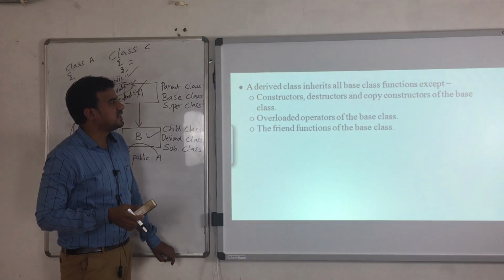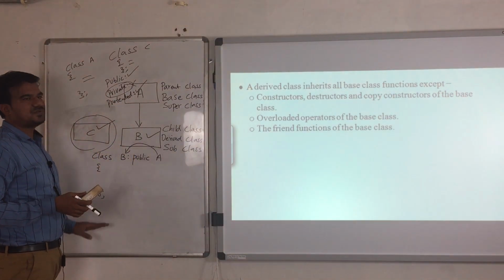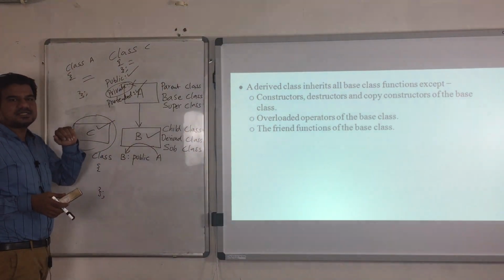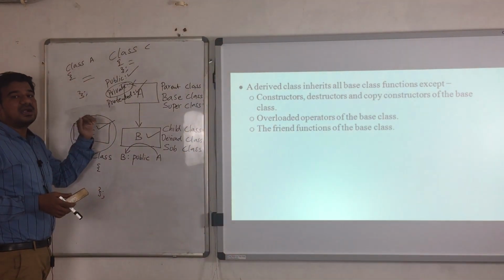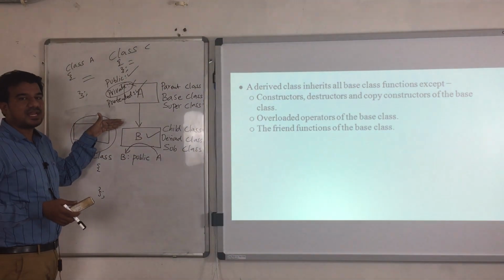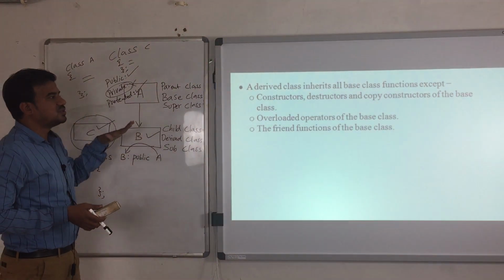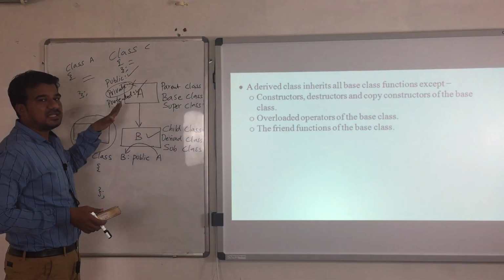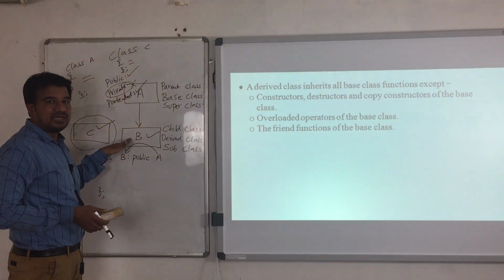So next thing is, when you are deriving your derived class from the base class, what things can't be inherited? What things you cannot inherit from the base class to the derived class? All the constructors and destructors of the base class are different for derived class, isn't it?